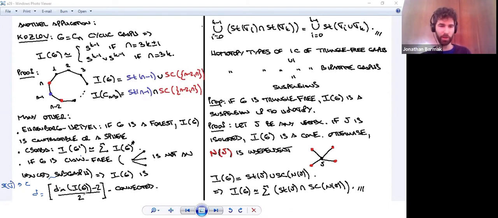Well, because of this factor here, I claim that tau can be extended to one of the simplices of one of the vertices of sigma, so we still have an independent set. Otherwise, by the size of these simplices here and some pigeonhole argument, if this one was not in the star cluster, we would have a vertex of tau which is adjacent to 3 different vertices in sigma. And since sigma is independent, we will have a claw. This cannot happen. So I'm just giving a brief idea of the proof.